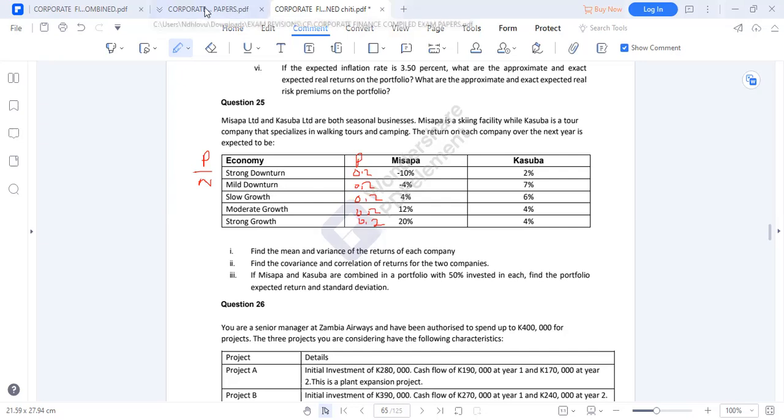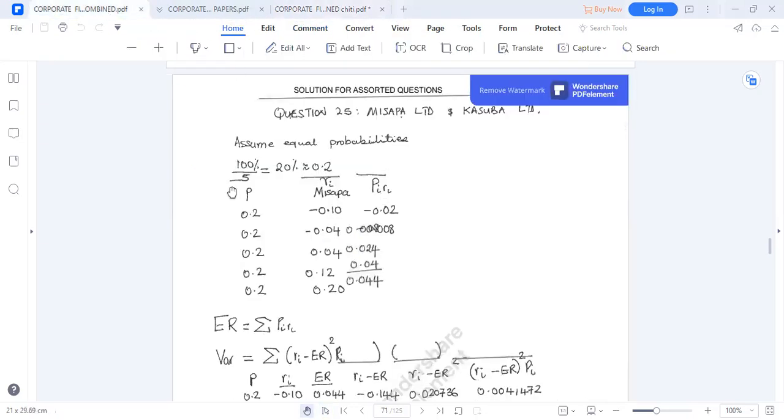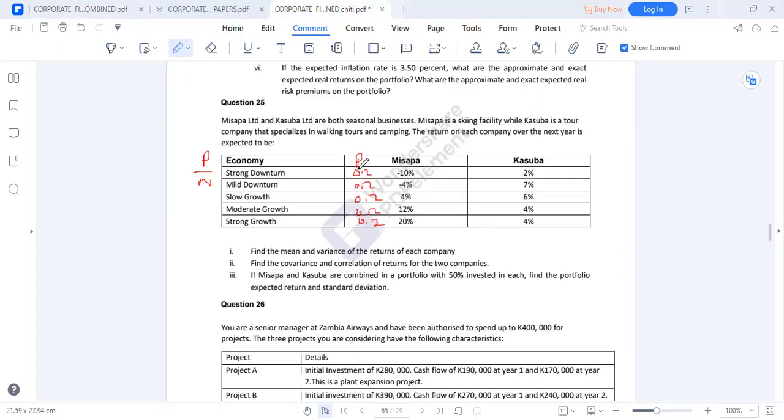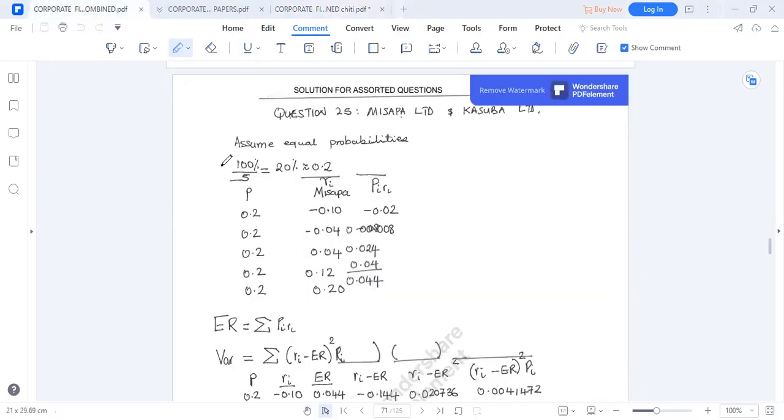So as usual, this is how we calculate. After dividing 100 by 5, the 20% probability for Misapa is multiplied by the return. So we multiply these ones. 0.2 times 10%, or 0.10, just converting them into percentages. So 0.2 times 0.10, we get 0.02. 0.2 times 0.04, we get 0.08 negative.